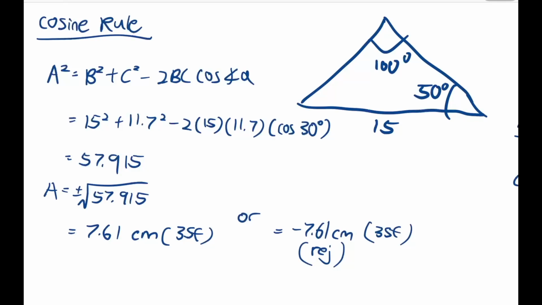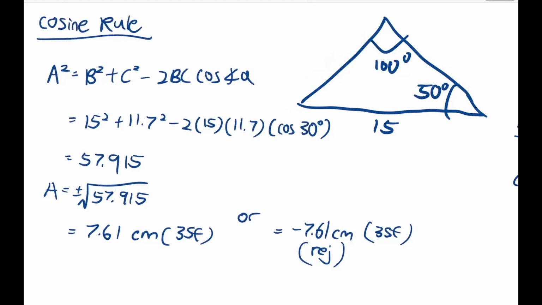When we are finding length, I will let the length that I want to find be A. Similar to the sine rule, there's flexibility in labeling A, B, or C, but the length and the angle must be opposite to each other to be called the same. Let's say I'm finding this length now.